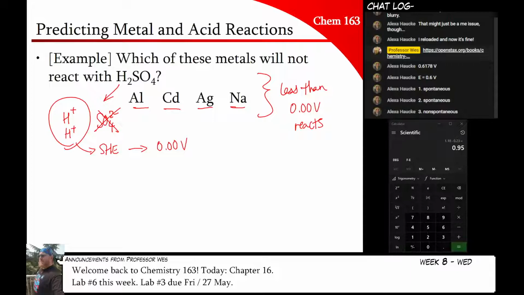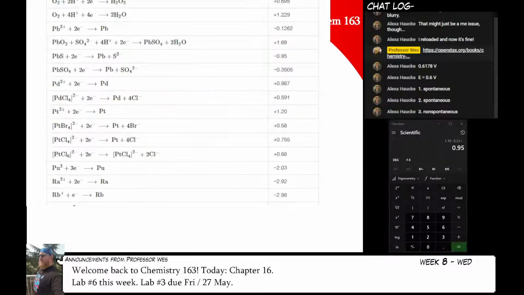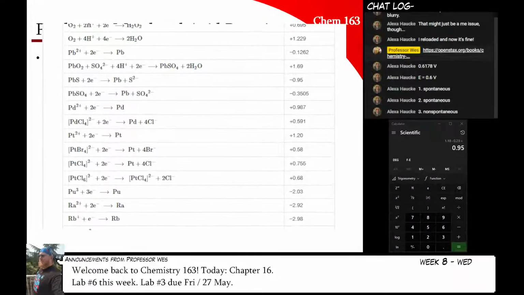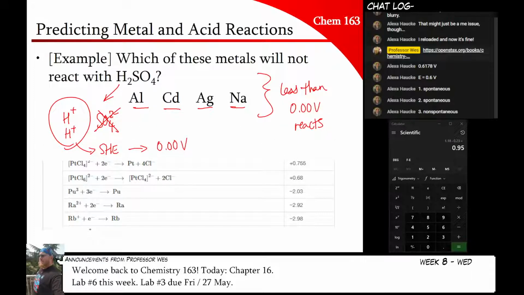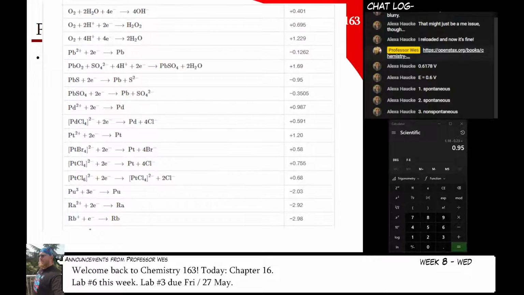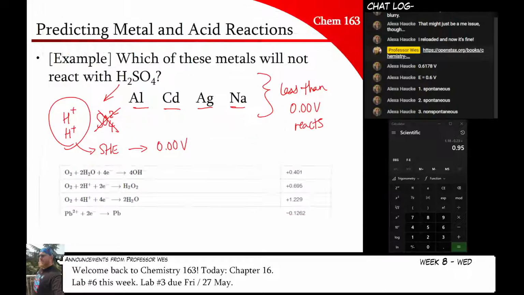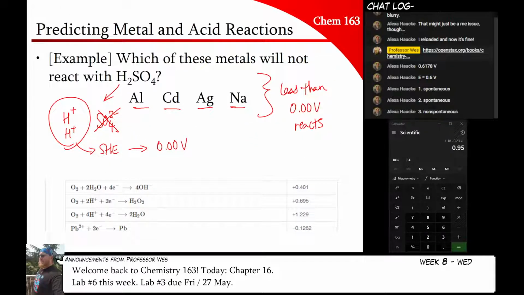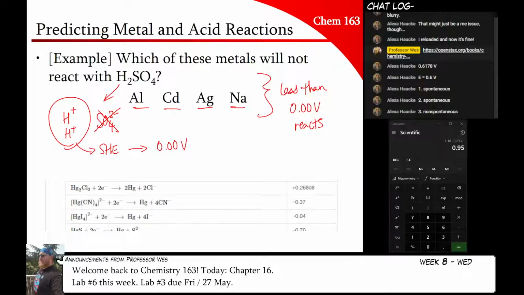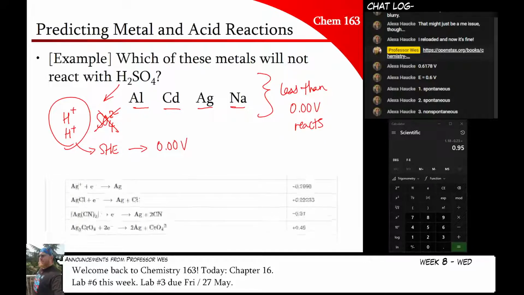So let's go looking for those metals on the chart here. Let's not cover up everything. Let's do the top of the chart, because then it's easier for me to find stuff.